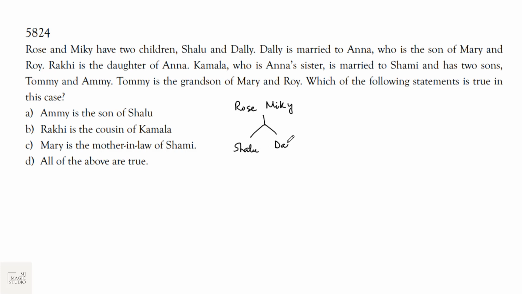Shalu, Delhi. Delhi is married to Anna. Who is the son of Mary and Roy? Okay, Anna is son. Delhi should be daughter of Rose and Mikey. So Anna comes from the stream of Mary and Roy.